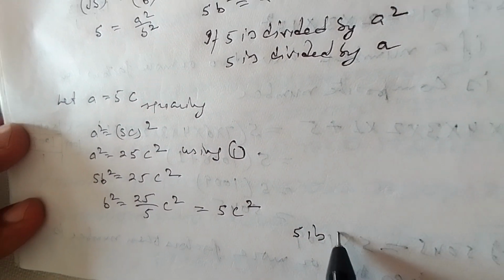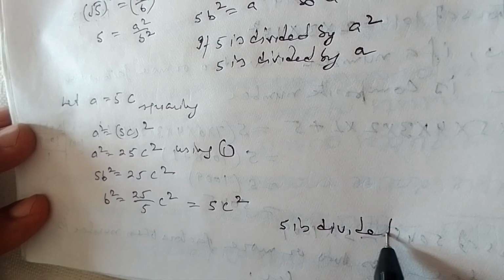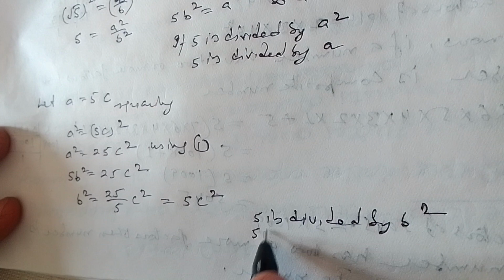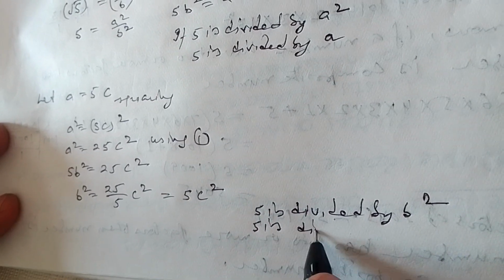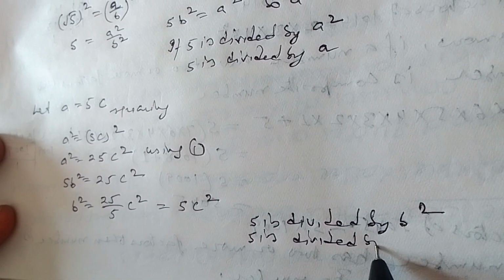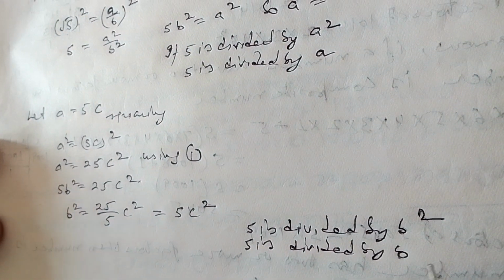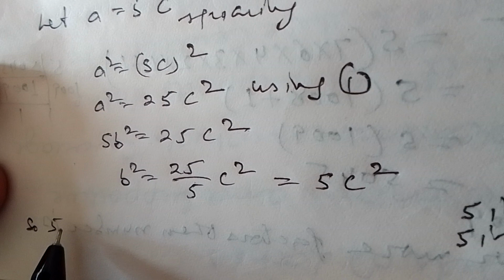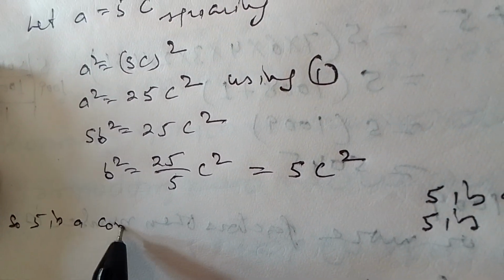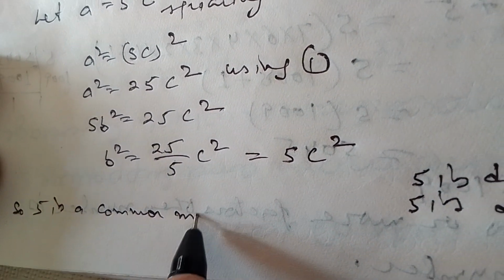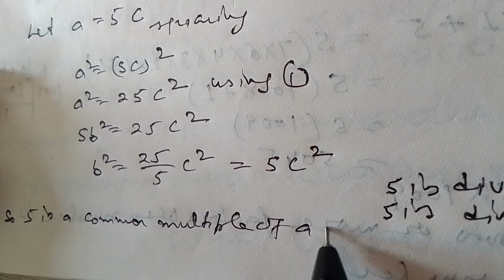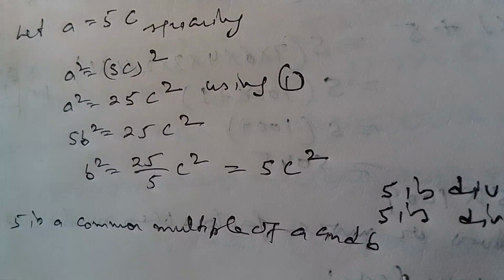So 5 divides b square, 5 divides b. So 5 is a common multiple of a and b.